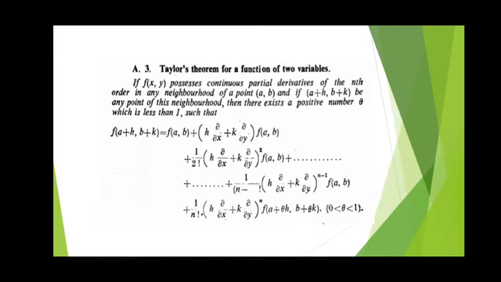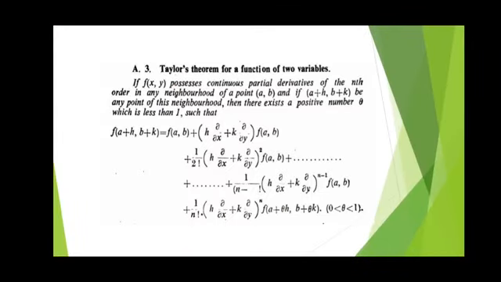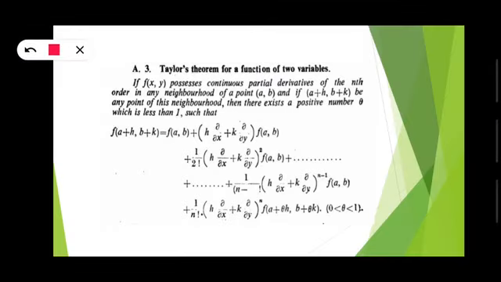So now we take our problem. That formula, Taylor's theorem, is f of x comma y is equal to f of a comma b plus x minus a into dou by dou x plus y minus b into dou by dou y of f of a comma b plus 1 by 2 factorial into, here we use the a plus b whole square formula.